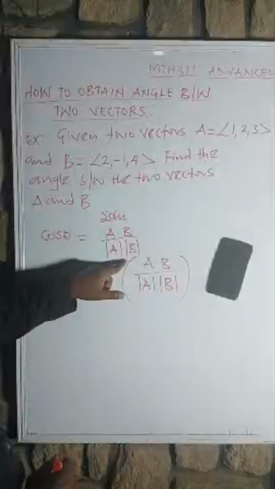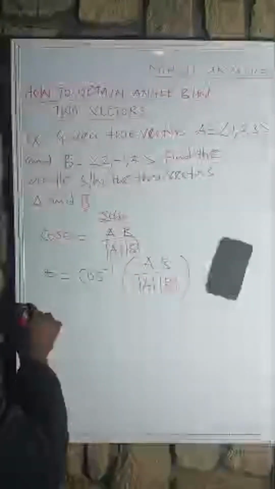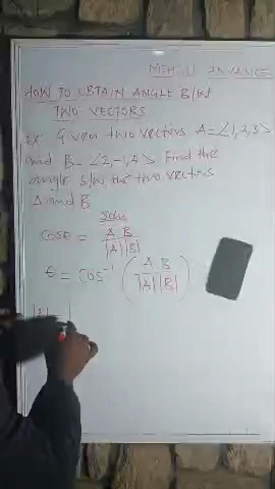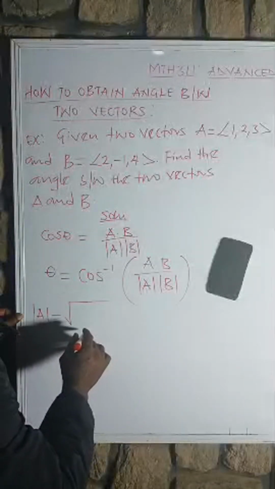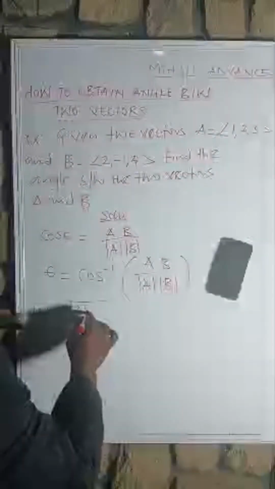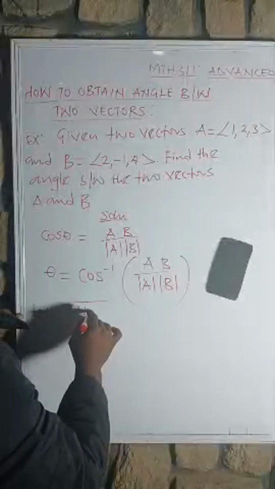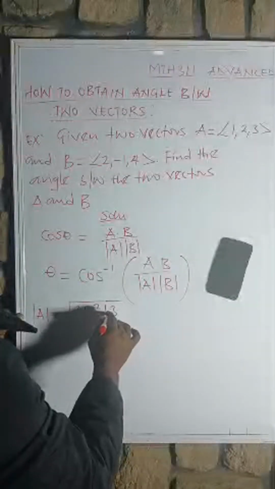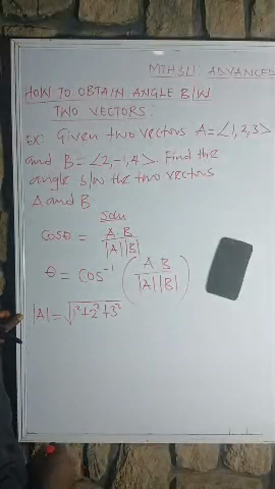So magnitude of A is equal to, look at it, 1, 2, 3. So x is 1 square plus y is 2 square plus z is 3 square.